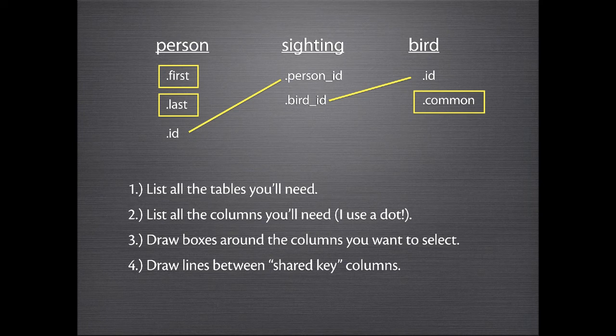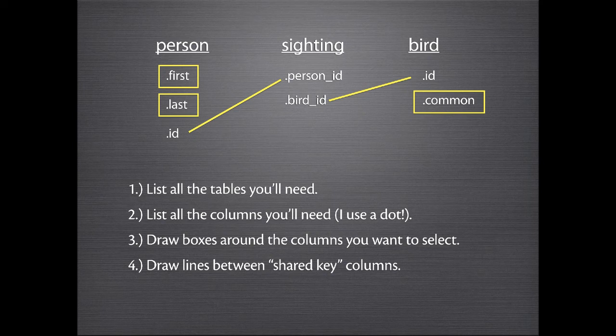So if person number 7 sees a bird, we'll see a number 7 in the person table, and we'll see a number 7 in the sighting table under the person_ID column. And similarly with bird. Every bird has an ID primary key, and that ID primary key gets copied into the sighting table as bird_ID foreign key.